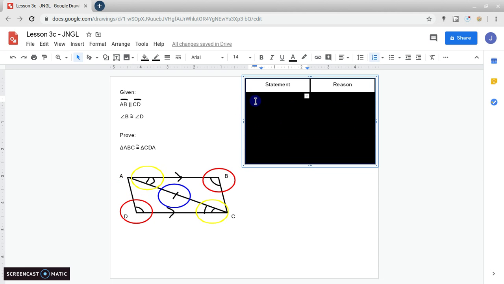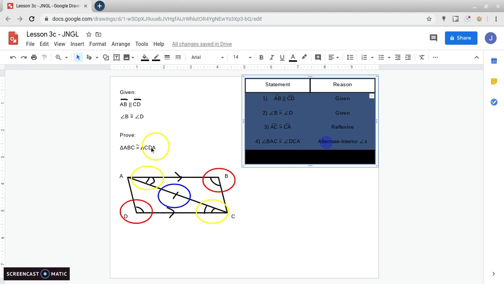And then the next thing, so we just proved the blue because that's what that congruence mark meant. And now number 4 is that angle BAC, that's this, and DCA. So these yellow angles are congruent. Why? Because they're alternate interior angles.